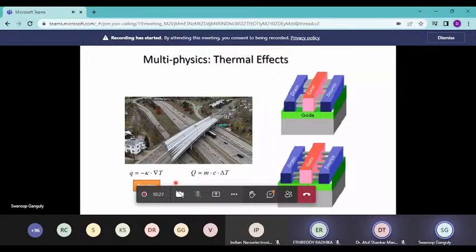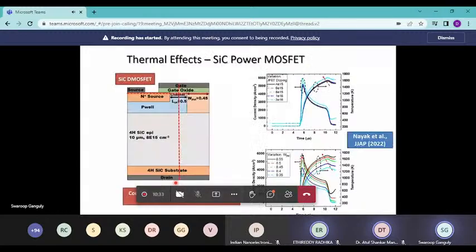Okay, and clearly this is also a direction for the future in terms of device design and device simulation. So here is an example again from very recent work from our group, where we looked at thermal effects, because in these power devices, you are using them under situations where you are applying hundreds of volts, maybe thousands of volts.